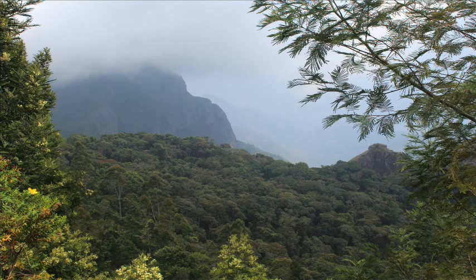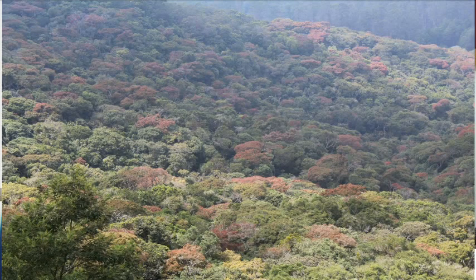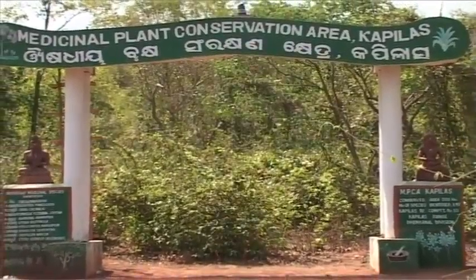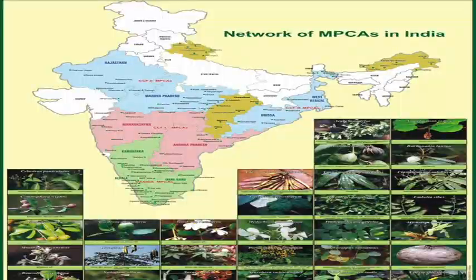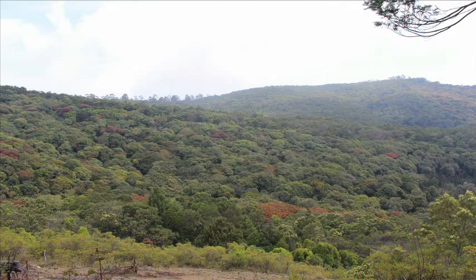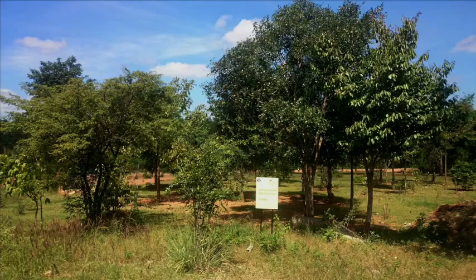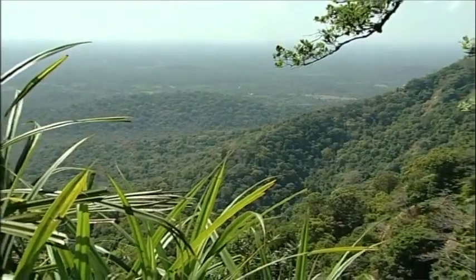This effort over the last 20 years, in collaboration with the state forest departments and Ministry of Environment and Forests and Climate Change of Government of India, has resulted in establishment of 108 such in situ conservation sites across 12 states of the country. This is one of the most innovative programs for promoting in situ conservation of medicinal plants across the tropical world.